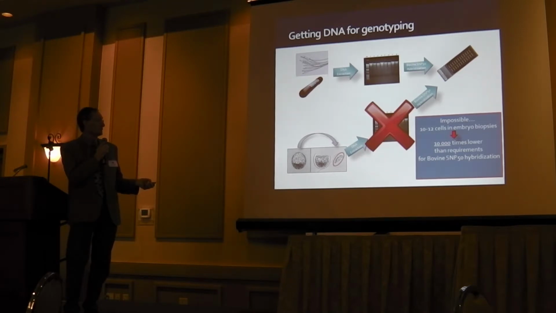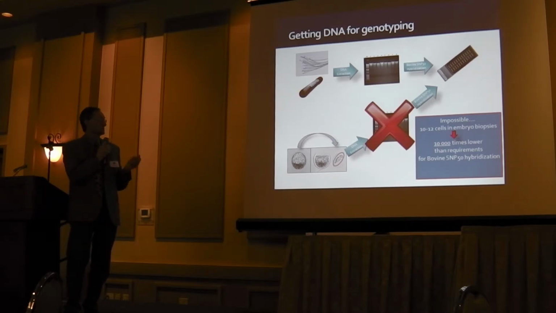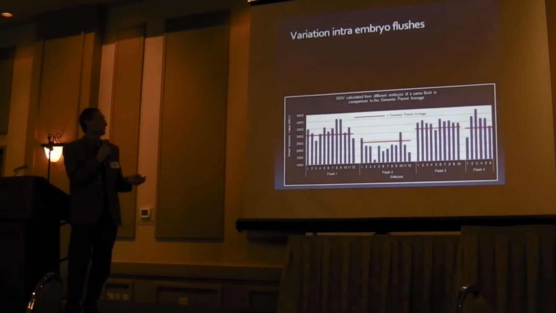When we only take a biopsy, the same as with sexed embryos, which some of us have done for a long time, you take a small biopsy. If you're looking just for XY, it's as simple, but if you're trying to run a whole genomics panel on it, you need a whole lot more DNA. The amplification process to get enough to run the panels has been a science and research project in itself that is of real interest at Bovitech Quebec, and they've made a lot of progress at it.